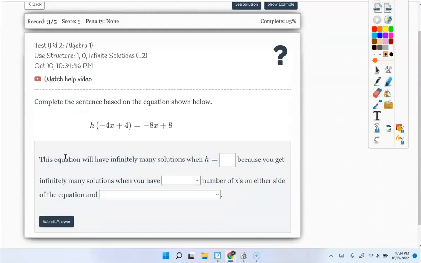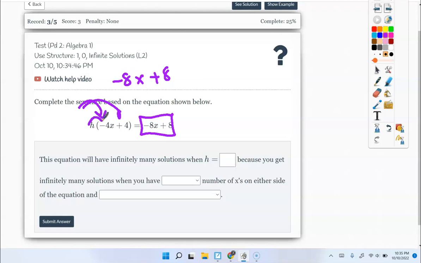Alright, last one. This equation will have infinitely many solutions. Remember, infinite solutions are when the left and the right side are perfectly the same. Same x's, same constants. So, over here, I have negative 8x and 8 with nothing to distribute. So over here, I need a negative 8x plus 8.